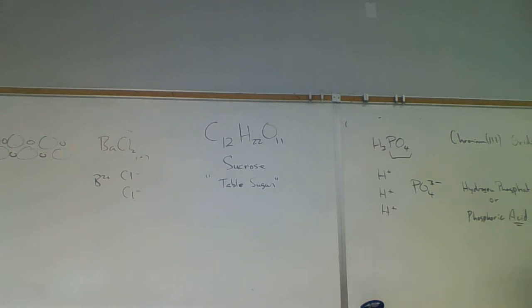Ca, Ba, Ag. Ca is fixed charge. What's the charge on Ca? Ba and Ag. Now, if I said calcium metal, am I talking about Ca solid or Ca2 plus? Calcium metal.